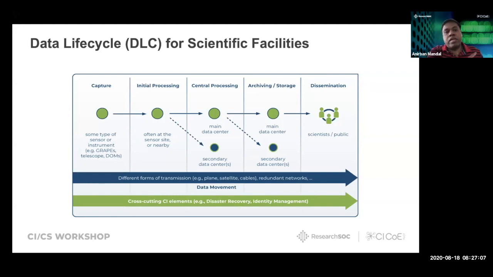For example, capture might be one of the steps, right? If something goes wrong in the data capture step, you would like to have a disaster recovery mechanism kick in as soon as possible so that you don't lose the data. But central processing, maybe it can wait. If something goes down, maybe it will be a little bit delayed to generate a higher level data product, but you could wait a little longer.